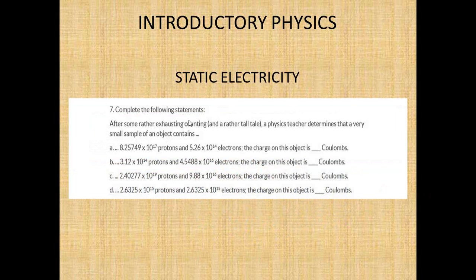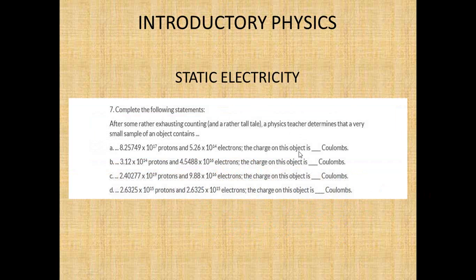Complete the following statements. After some rather exhausting counting, a physics teacher determined that a very small sample of an object contains this amount of protons and this amount of electrons.